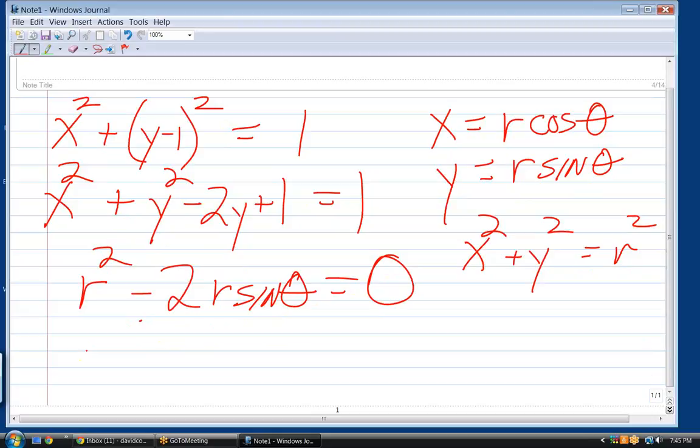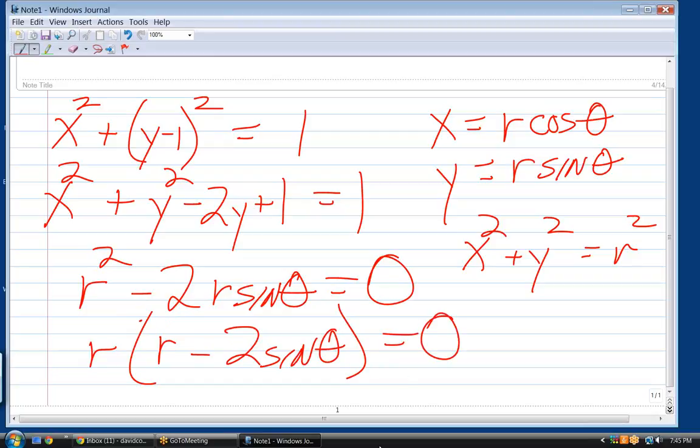Factor out an r. No, this is right. R times (r minus 2 sine theta) equals 0.